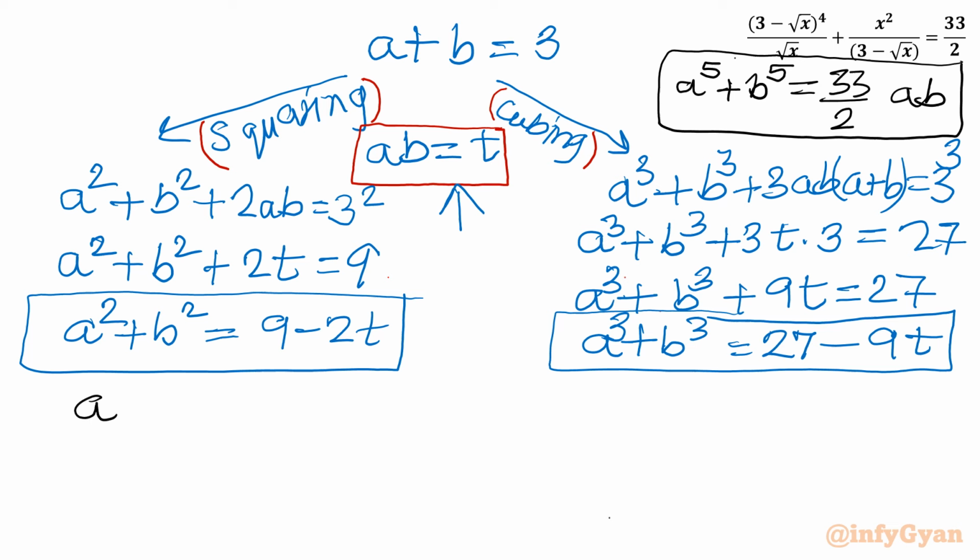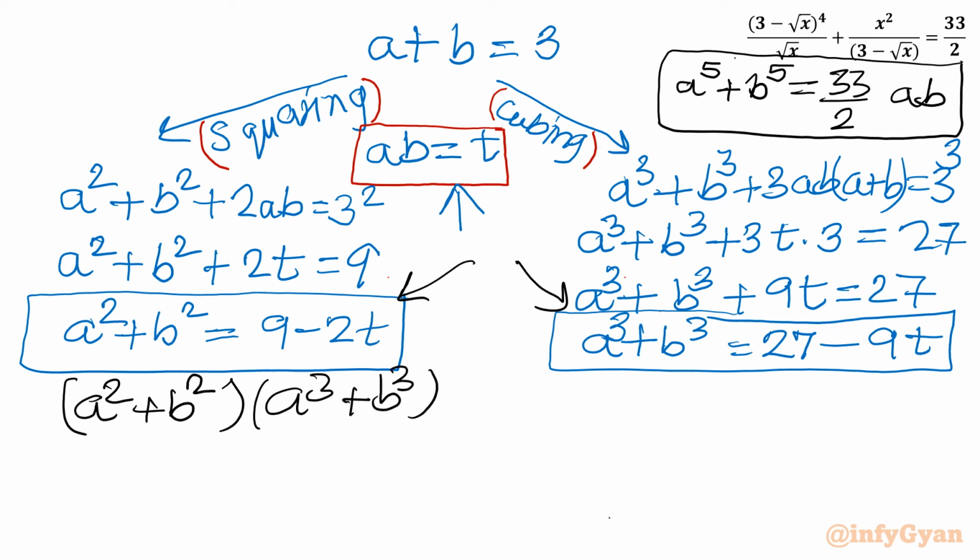Let me take the product of both: a square plus b square times a cube plus b cube. Right hand side I will write 9 minus 2t and 27 minus 9t.